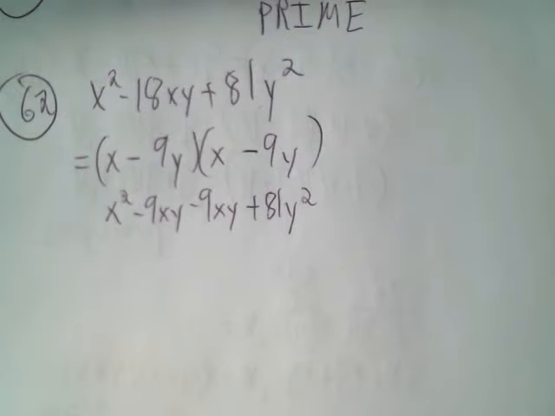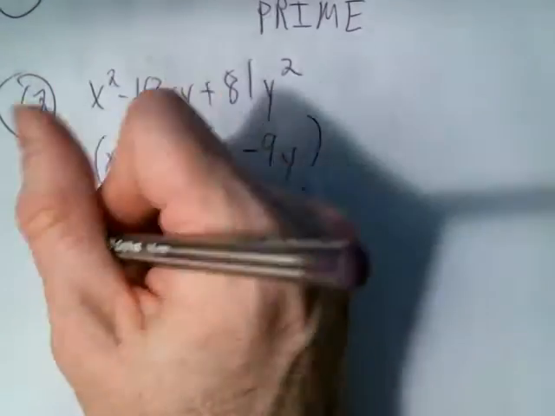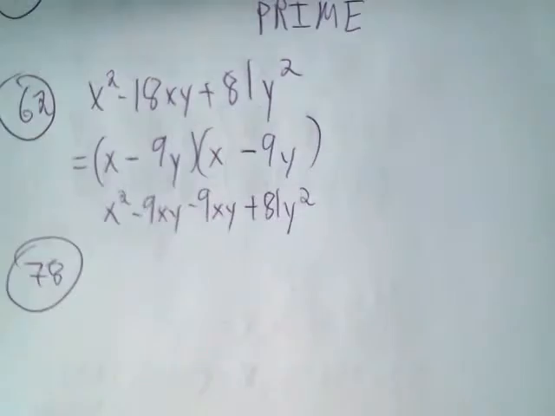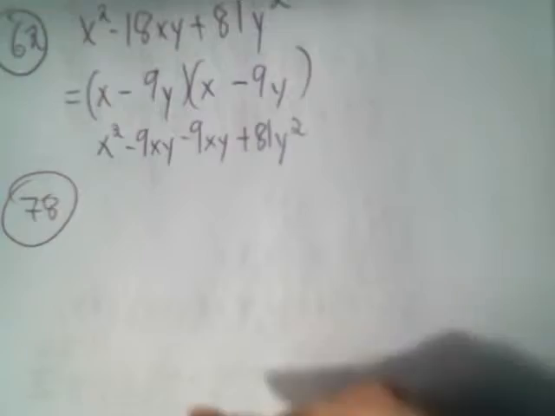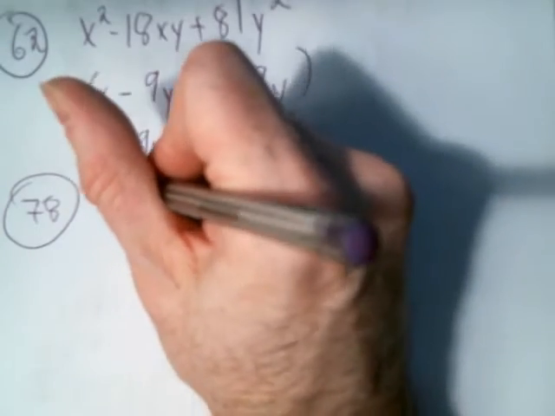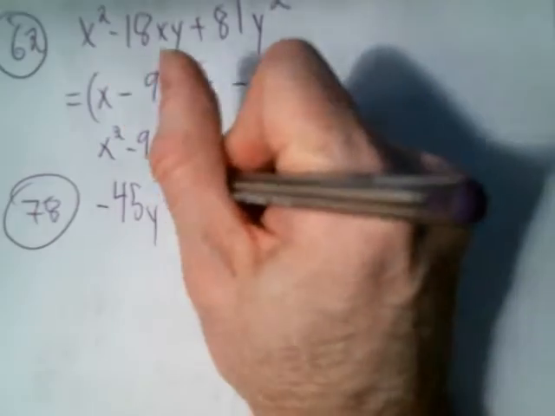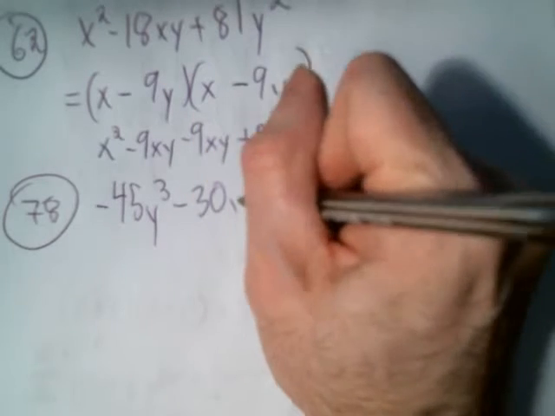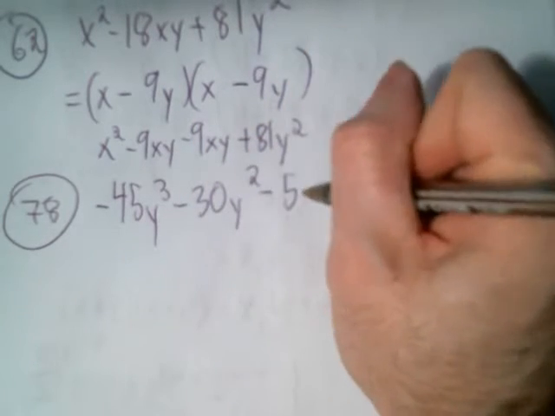Remember to always factor out that GCF first. Let's look at number 78. So this one is a mess. It's negative 45y cubed minus 30y squared minus 5y.